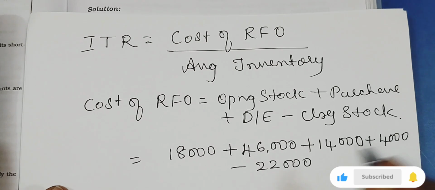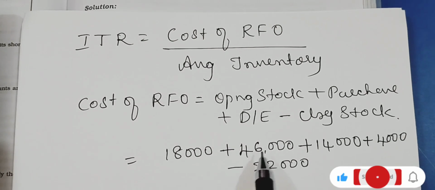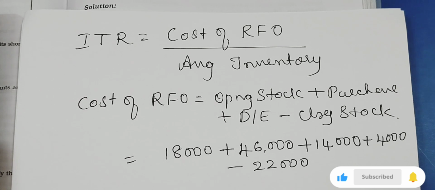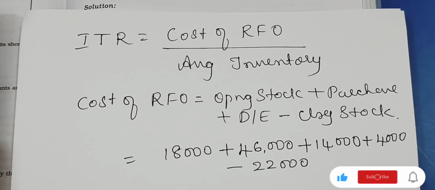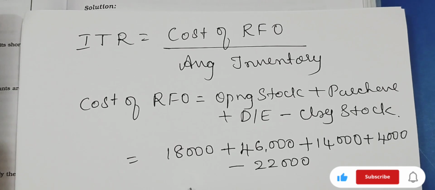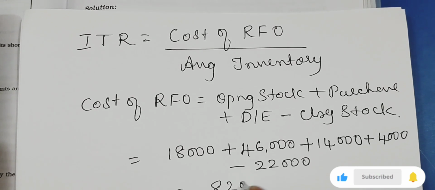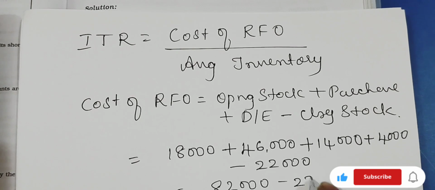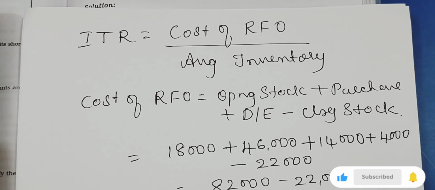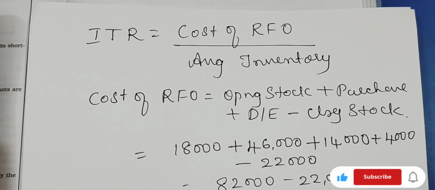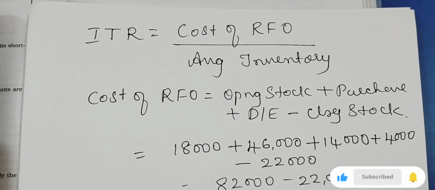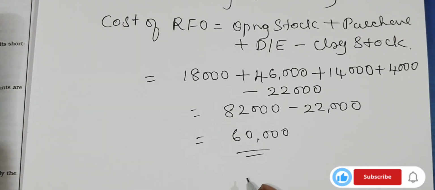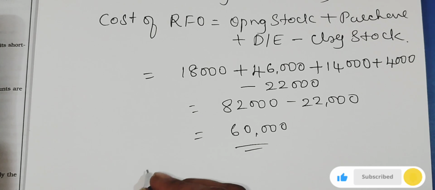So add 4,000 here. 18 plus 46 plus 14 plus 4 is 82,000. From this 82 minus 22,000, we get cost of revenue from operations is 60,000.